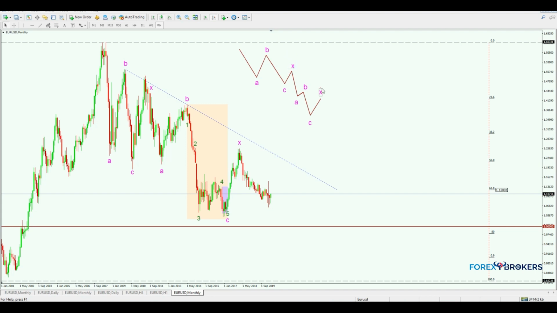And as mentioned in the article that comes with this video, the market, when forming a triple combination, always ends with a triangular pattern. Now, this triangle can take any shape you want. It can have the apex pointing to the downside.